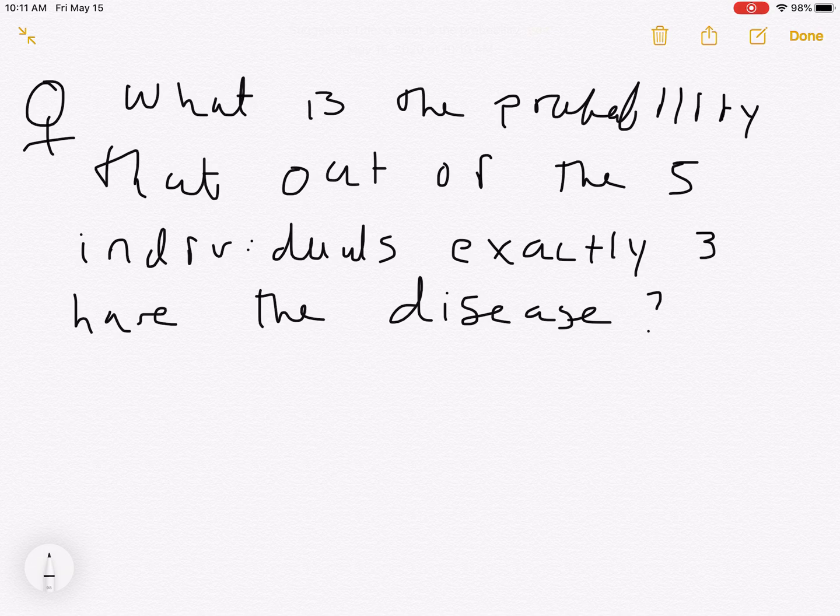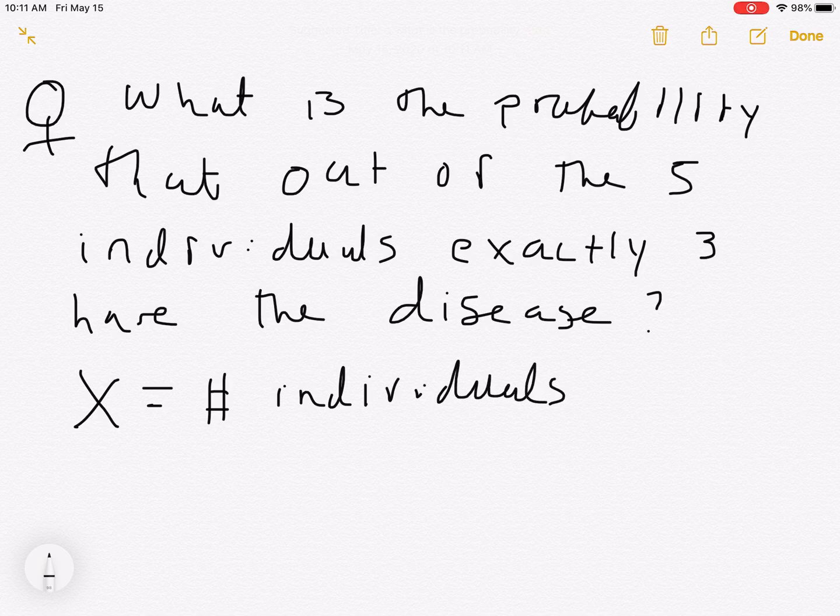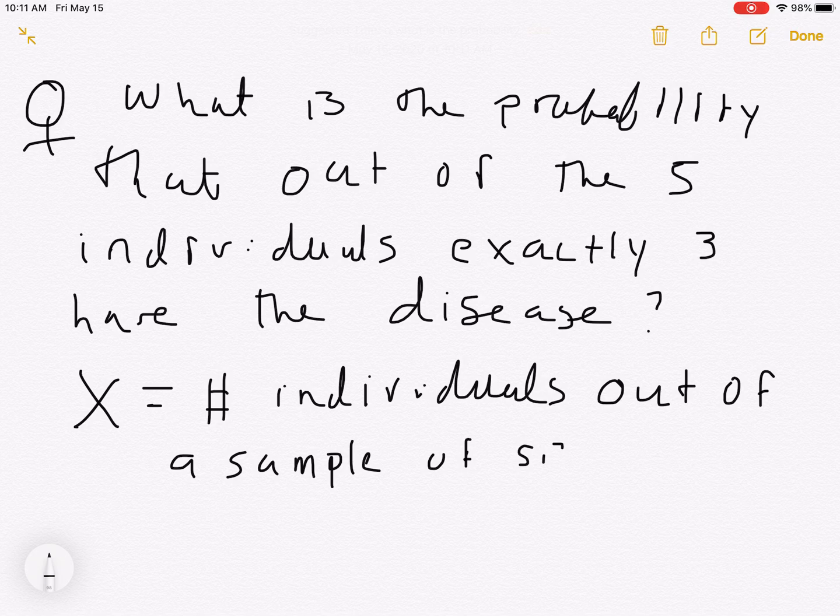And I just want to be clear here on what my random variable is. My random variable is x. This is the number of individuals out of a sample of size 5 with the disease.